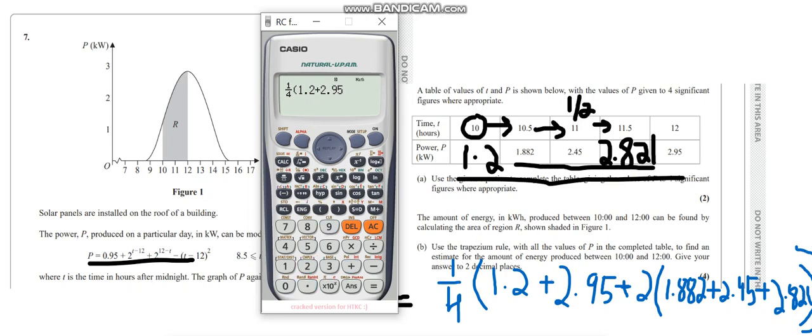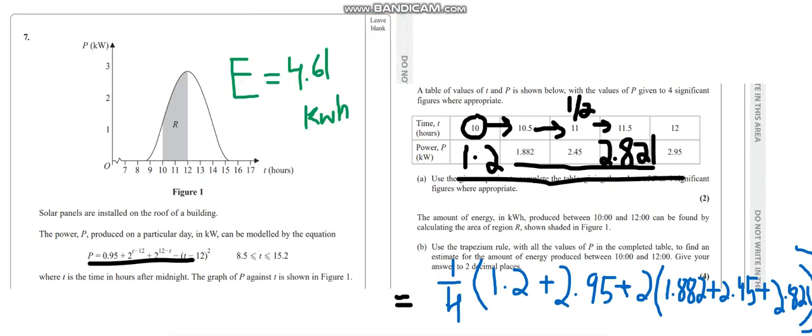Remember, the values we have to plug in are exactly the same as they have been written, to four significant figures. 1.882 plus 2.45 plus 2.821, and then closing the bracket, we'll get 4.614 initially, but they said give your answer to two decimal places, so you can say 4.61.